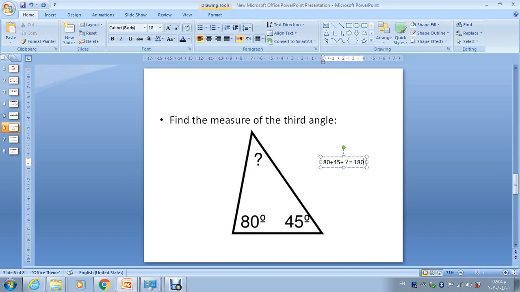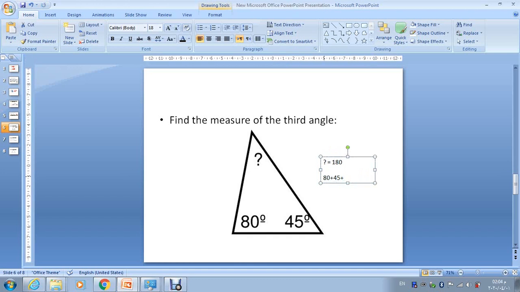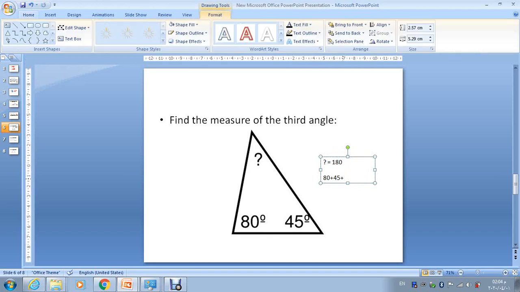If I want the question mark, what will I do? I will take those two and put them on the other side. But if they go to the other side, they have to go with a negative sign.